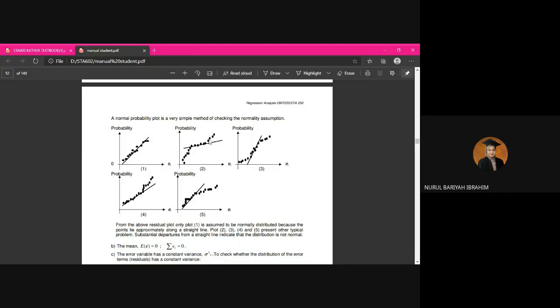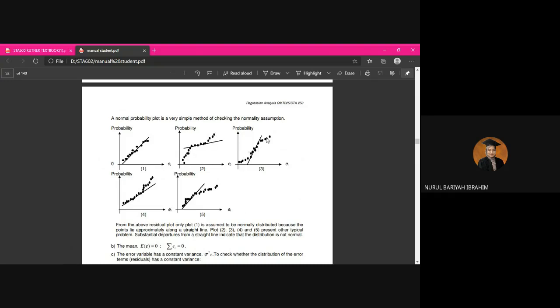Okay, the rest of the plot here adalah contoh yang normality assumption is violated. Okay, not fulfilled. Okay, kita ada nampak kat sini ada some of the point berada di straight line, tapi akan ada tail kat sini. Ada heavy tail.